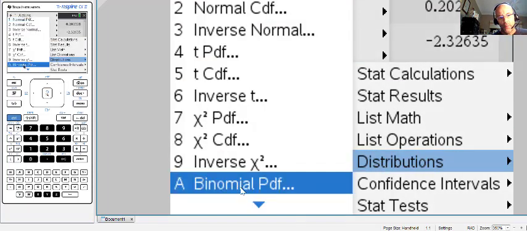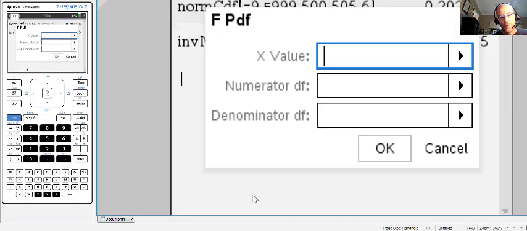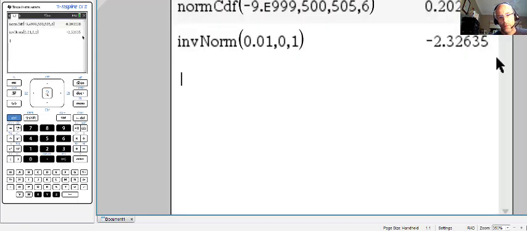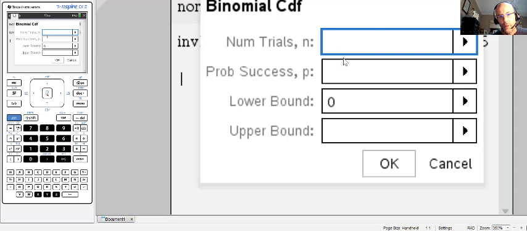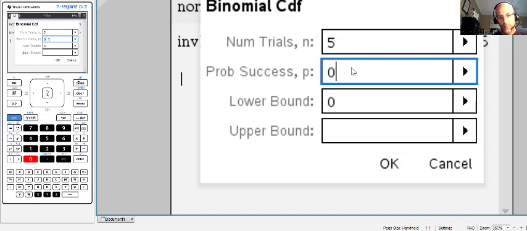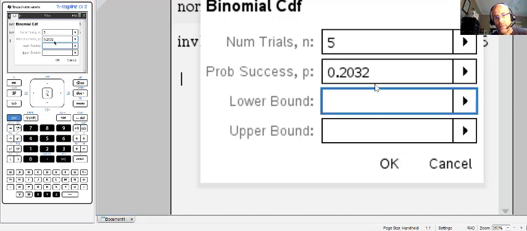Okay, we've got a binomial. Whoops, wrong. We could use a binomial CDF. We have 5 trials. We have probability of success point. I hope I remember this right. 2023, was it not?